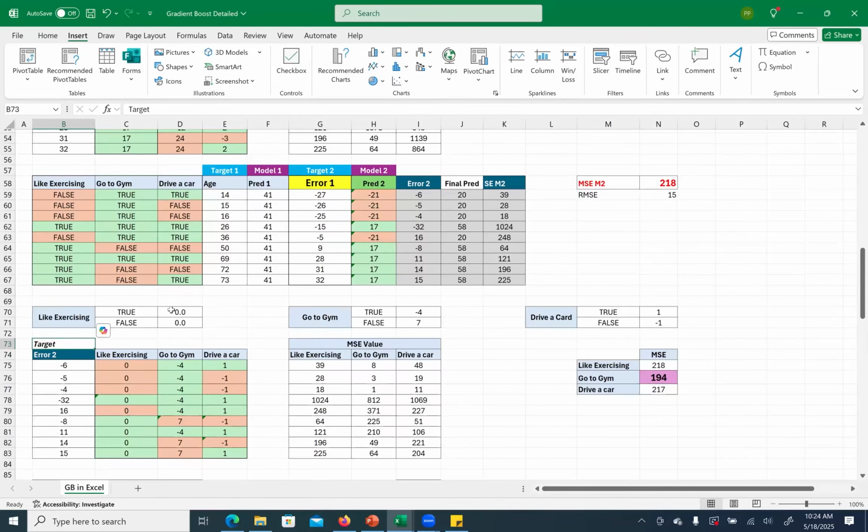Again, I will do the same thing. If I use like exercising as my input variable, then what is the average that I have? For false, what is the average?